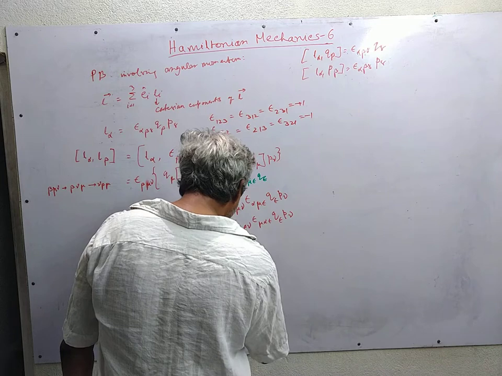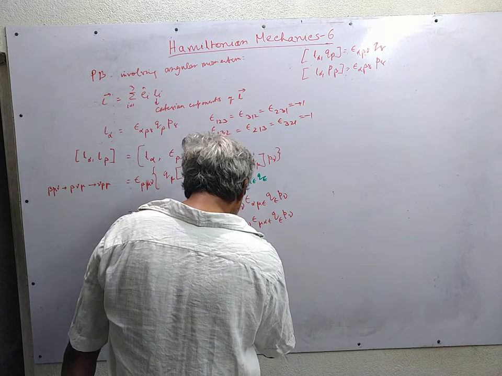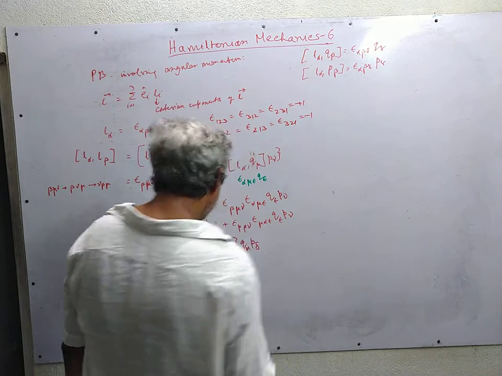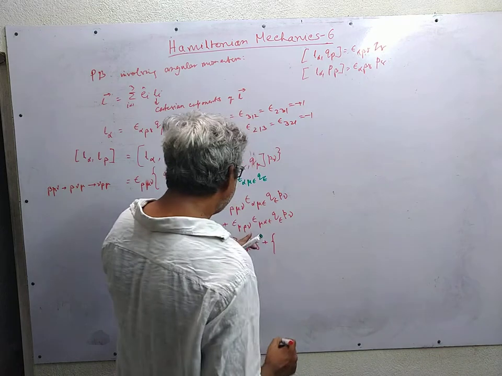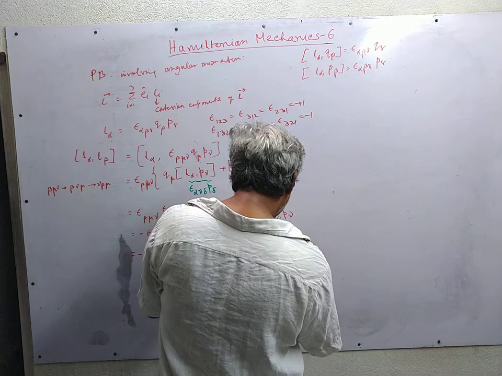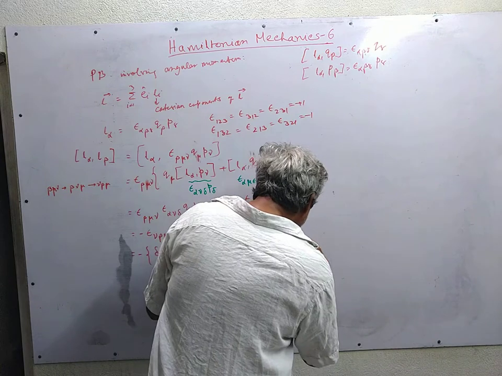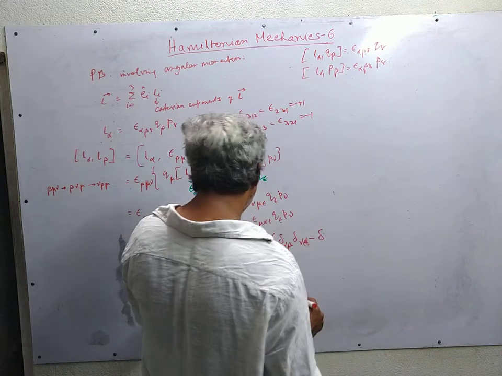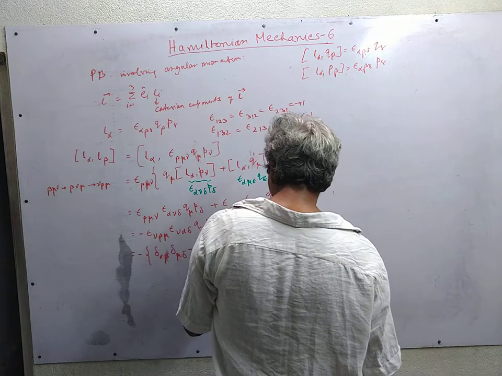You are acquainted with these properties of divisivity. Then coming to this, first delta functions are alpha beta, and then delta of mu epsilon, minus delta of beta epsilon, delta of alpha mu.